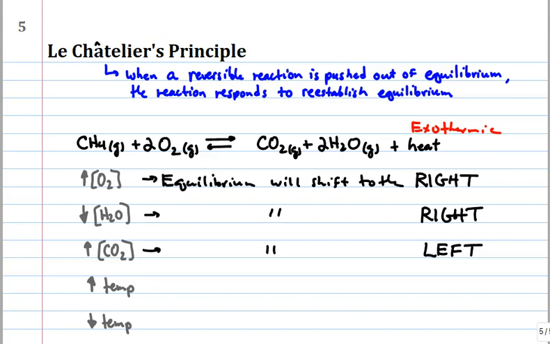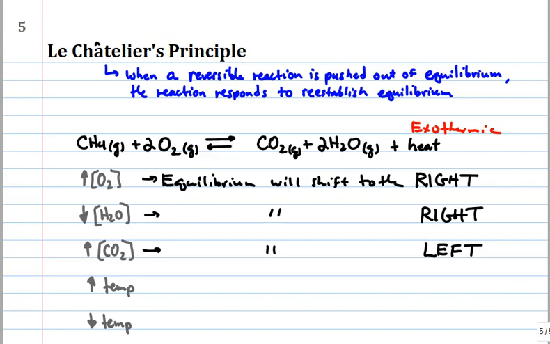Extra CO2, to basically get the equilibrium back reestablished, you're going to have to shift this reaction to the left to process that extra carbon dioxide. All right. So it's a reaction. You can add things, you can take things away. Le Châtelier's principle, which we're going to use moving forward now, will allow us to predict which way an equilibrium will shift based upon adding or removing reactants or products.